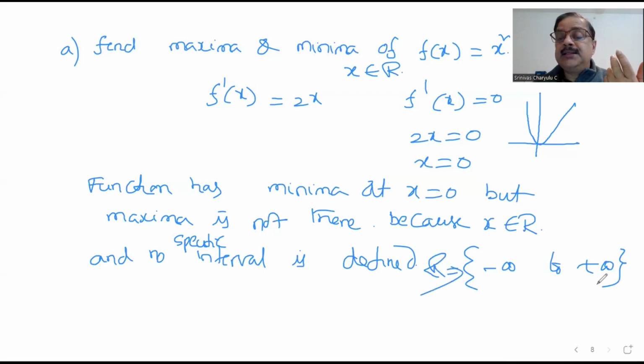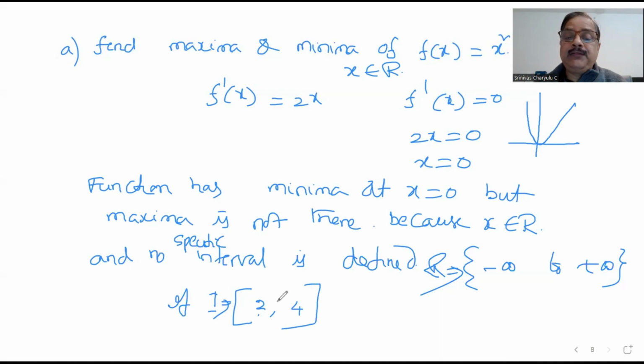So when R is like this, it is going on. If you give a particular definition, let us say the interval is 2, 4, then I will find out the minimum value at 2, or at 4 I will find out the maximum value. I can just say that this is the maximum value, this is the minimum value.